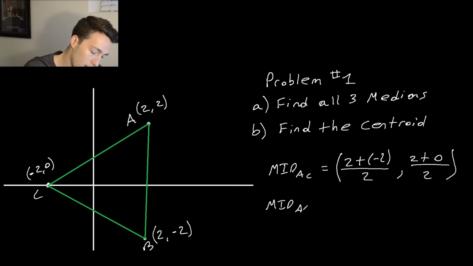So our midpoint of AC is going to equal, well, 2 minus 2 is 0, so that's 0 in the x direction. And 2 plus 0 divided by 2 is 1. So that is our midpoint, and it's probably around there. That's what we're saying our midpoint is. I'll do it in green.